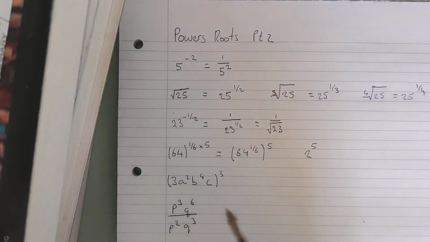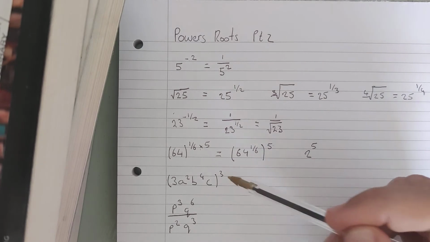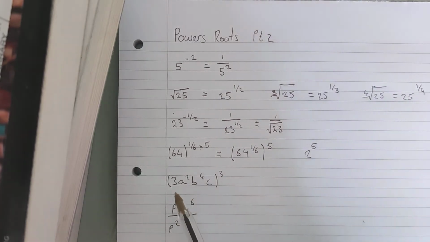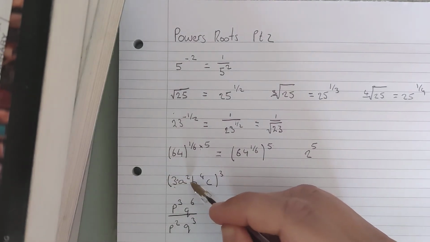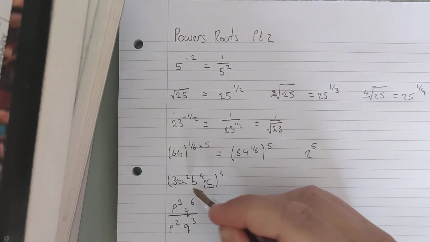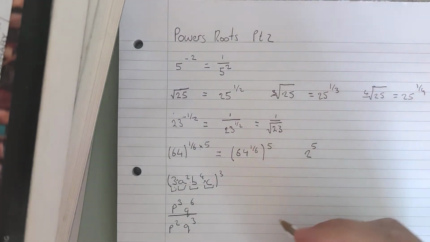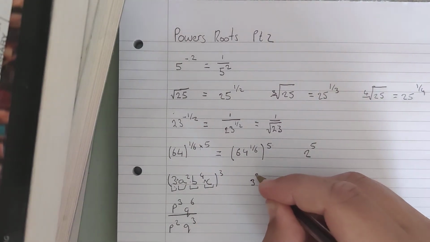Here you've got to be careful. You've got to make sure that you're doing the right thing. So the 3, the power, affects everything in here, because there are all these little multiplication signs between each of these numbers. So the 3 is raised by 3.